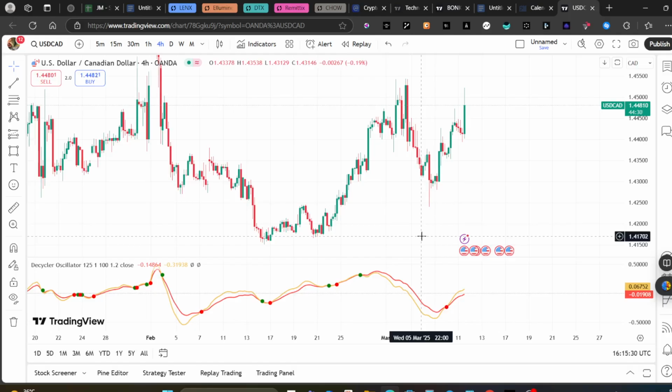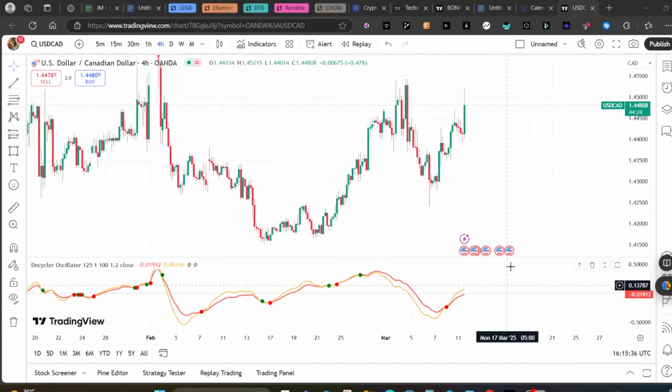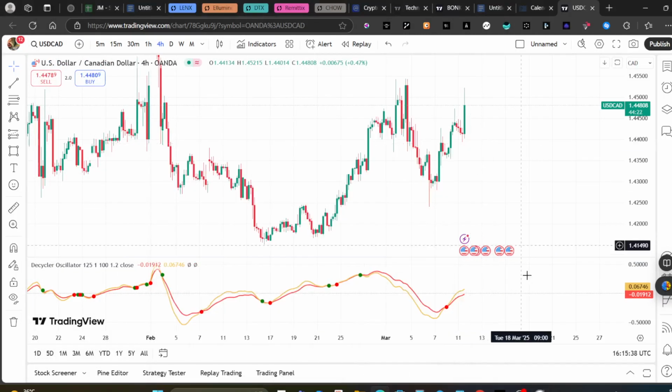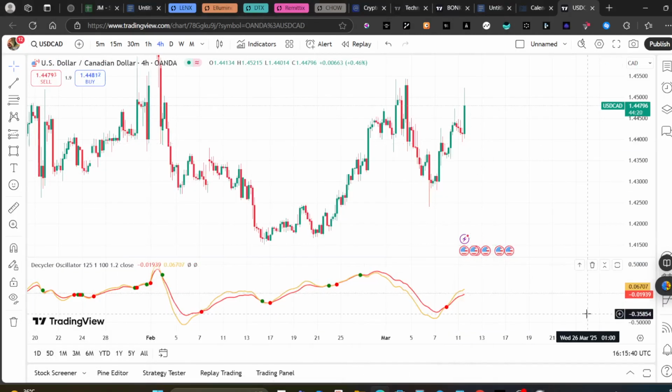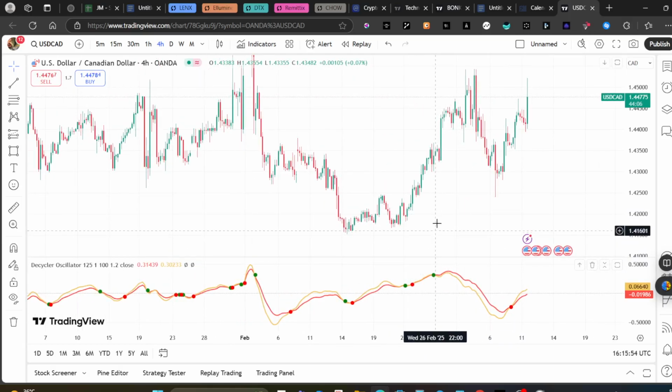Okay. So the way it works is that it is designed to identify market cycles by focusing on both price movements and the inherent rhythm of the market. Now, it filters out the irrelevant noise from smaller price fluctuations and highlights the true trends in the market.